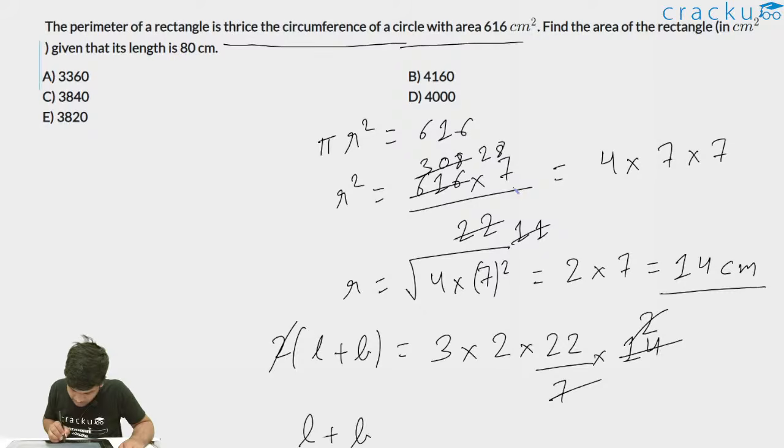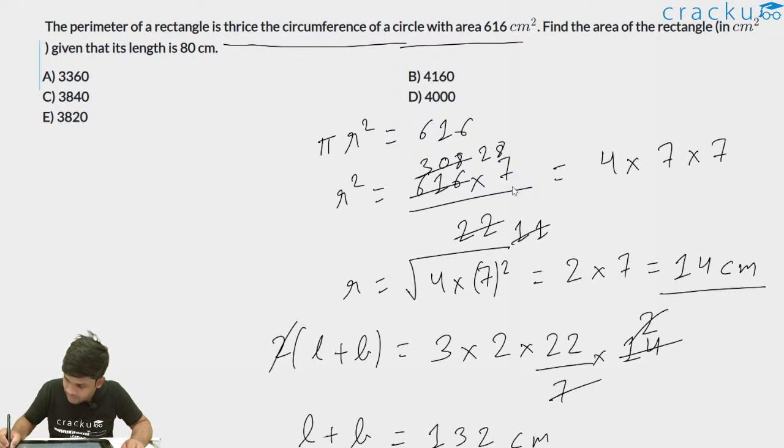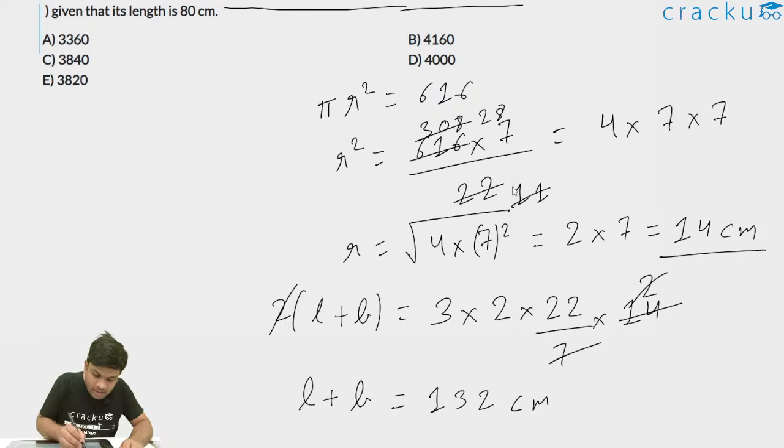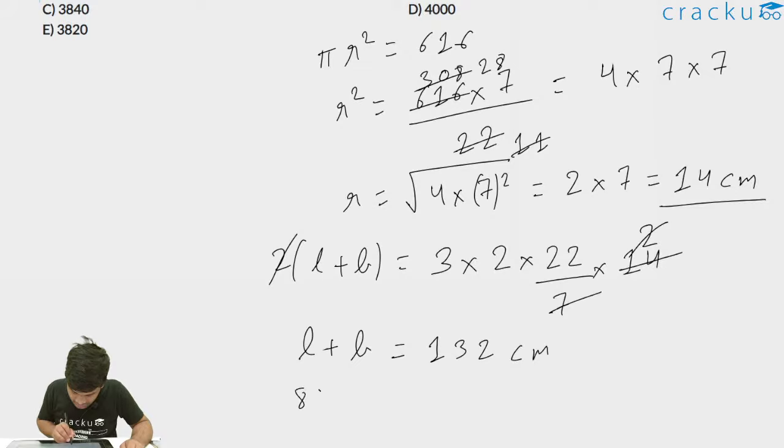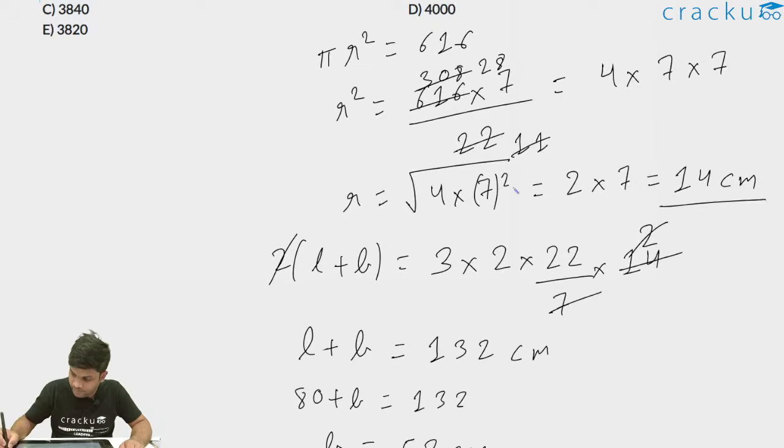So L plus B will be 3 into 2 is 6, 6 into 22 is 132 centimeter. Now it is given that the length is 80 centimeter. So if length is 80 plus breadth is 132, from here we will get breadth as 52 centimeter.